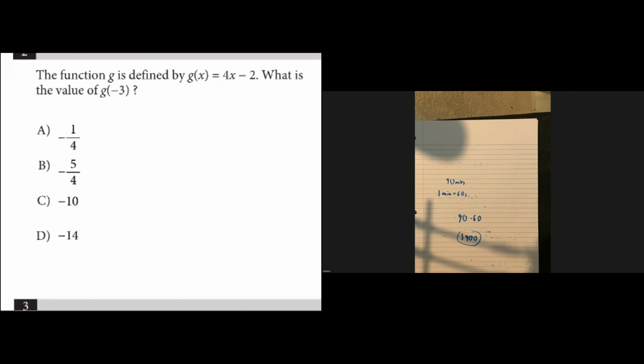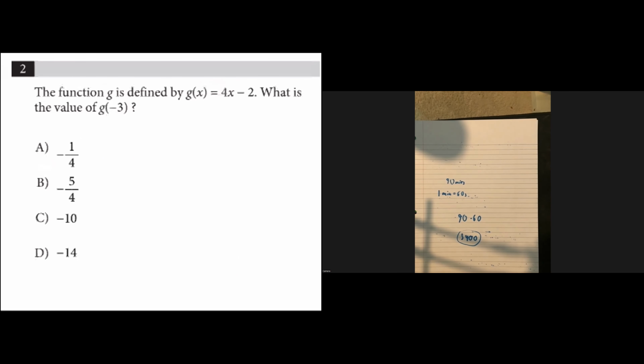Question 2. Function g is defined by g of x equals 4x minus 2. What is the value of g of -3? This is just a normal function question.